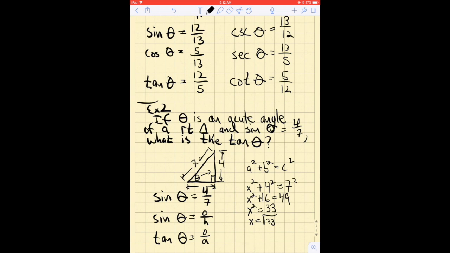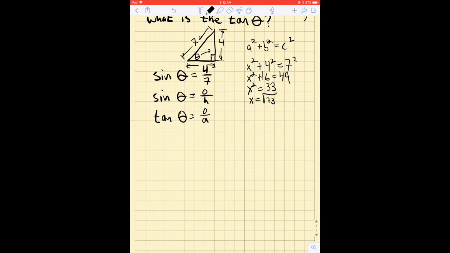All right? So the tangent of theta, we could set it up now. But does anybody see there's going to be a problem with that? Let's see. So tangent of theta is equal to the opposite side, which is 4, over the adjacent side, which is root 33.